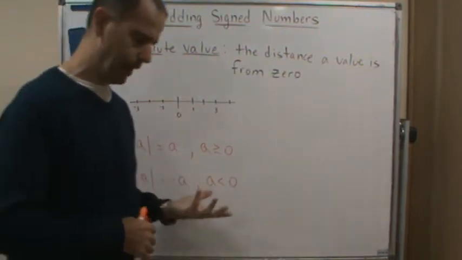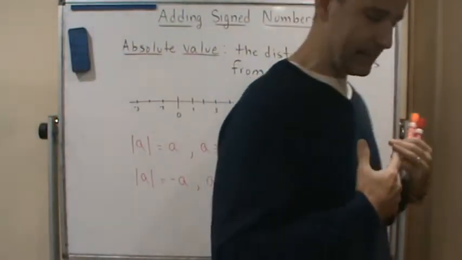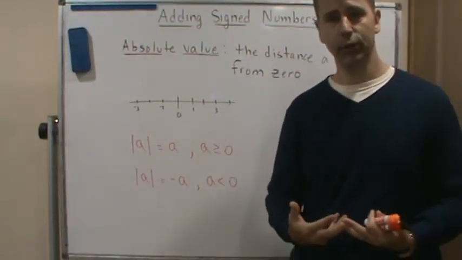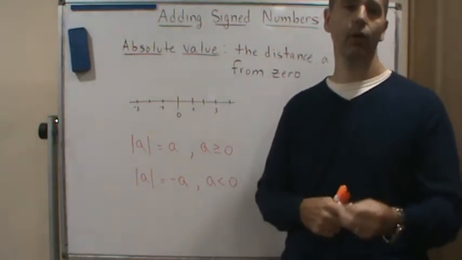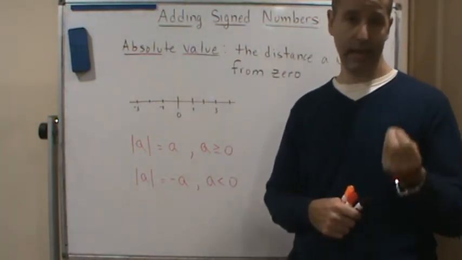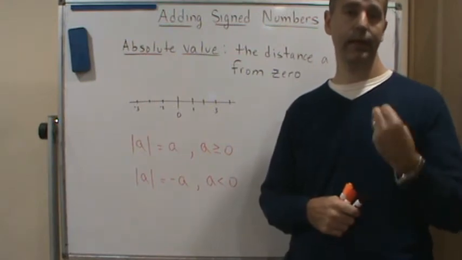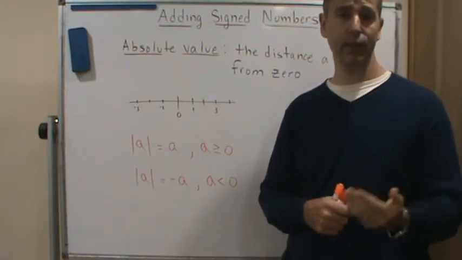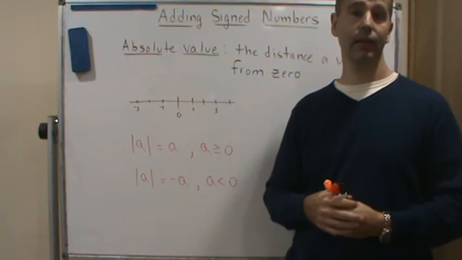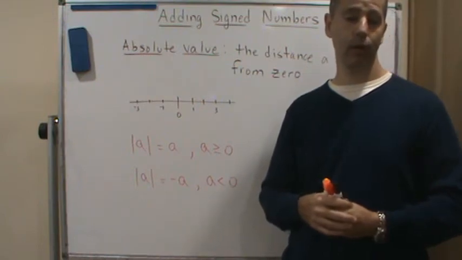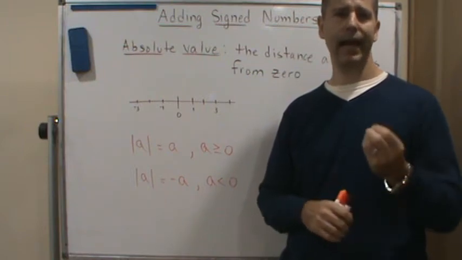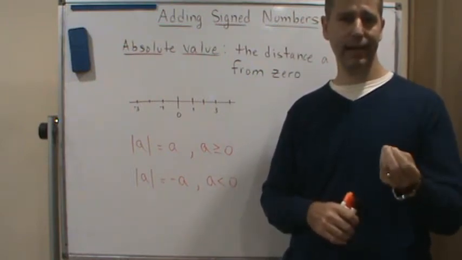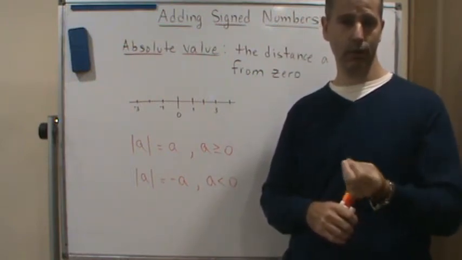So the absolute value takes any non-negative value. What do I mean by non-negative? Excuse me, what did I say? I misspoke. Non-negative is positive or 0, okay?